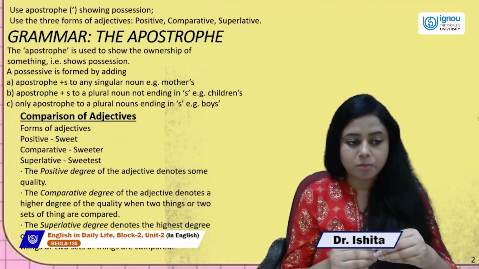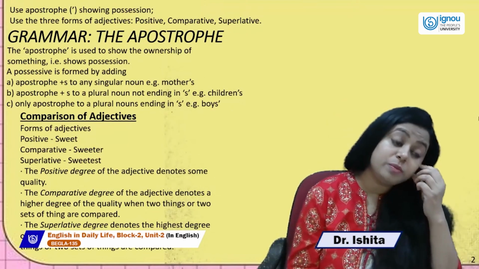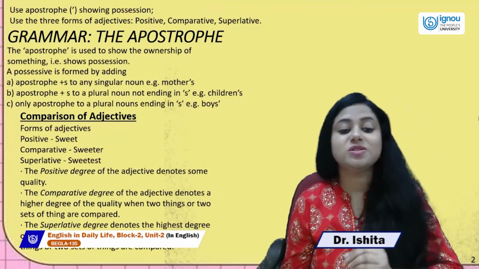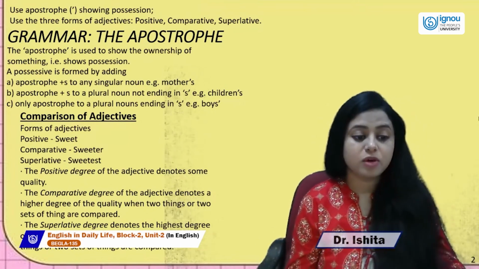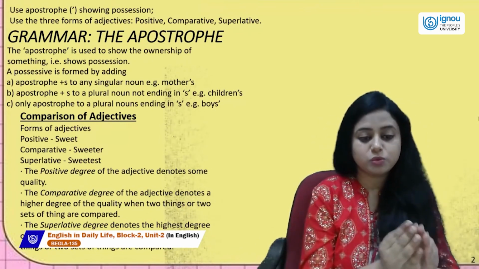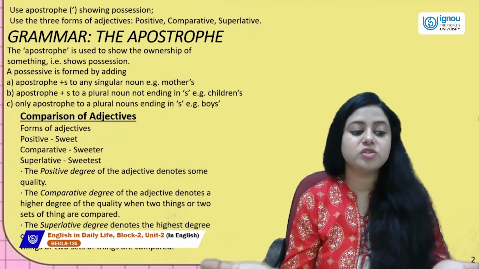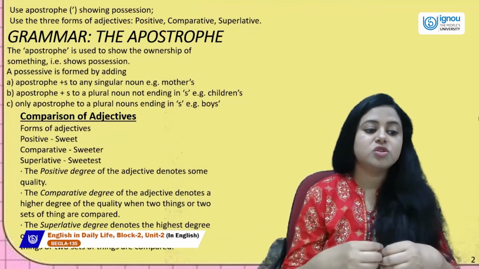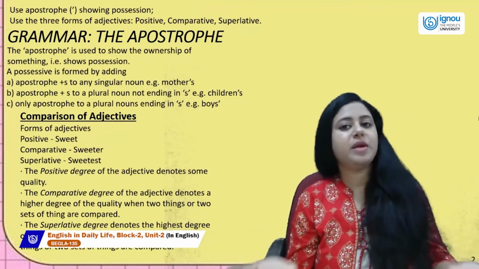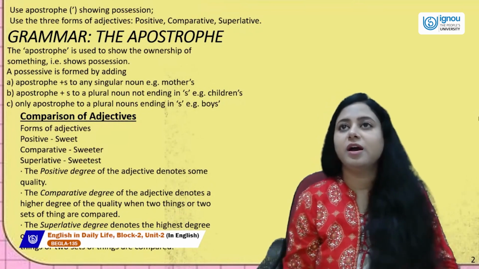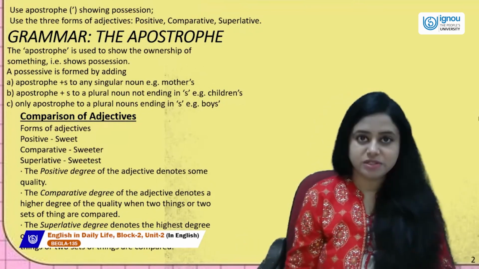Now, if you talk about sweet, the positive degree, it denotes a certain quality. But if we have to compare, there is a higher degree of quality when two things or two sets of things are compared. So you say sweeter, with er, and you are comparing two things. These mangoes are sweeter than those apples.